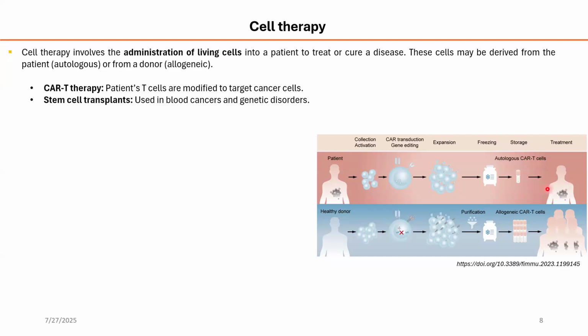But in the case of allogenic, you take it from a healthy donor. Similarly, you take the T cells and do gene editing, where you do the CAR T modification on the T cell. Additionally, you also down-regulate the T cell receptor. The idea is that because it is from a healthy donor, you have this MHC1 TCR complex formation, which might lead to the killing of the CAR T cell itself.